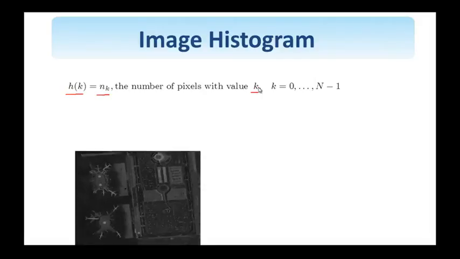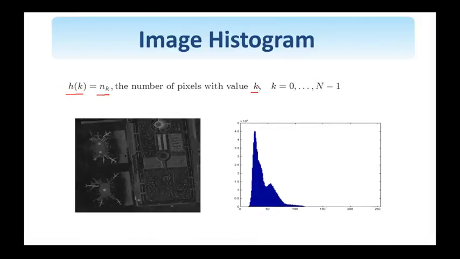So given an image such as this one, here is its histogram. The horizontal axis is k, the range of the intensity values. This is an 8-bit image, so 0 to 255. And on the vertical axis are the values of h of k. The histogram clearly tells me how the intensity values in the original image are distributed. So for this particular image, there are no small intensity values.